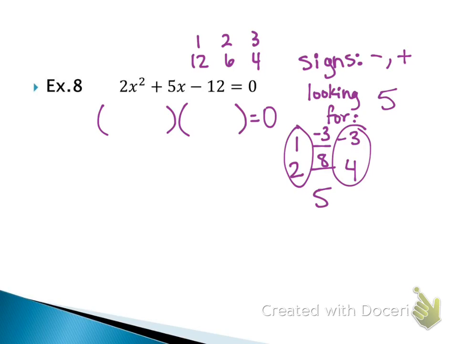I need somebody to help me fill in those parentheses. One x and 2x in the fronts. Where do you want the minus 3 to go?